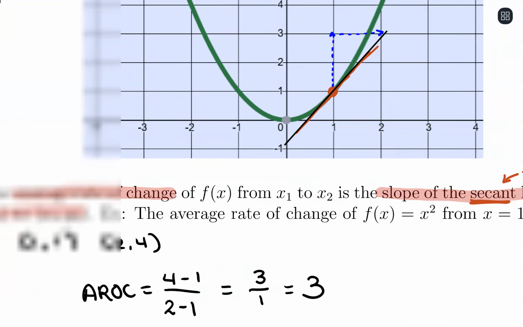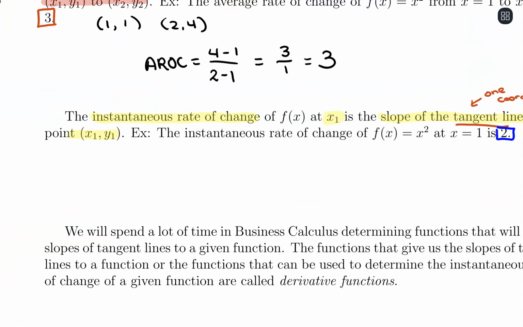It is still going to be the idea of slope. We're going to be thinking about how y is changing and how x is changing, so change in y over change in x. We just have to think about it a little differently: if we have two coordinates, how can we describe it in a way that they're infinitely close to each other?